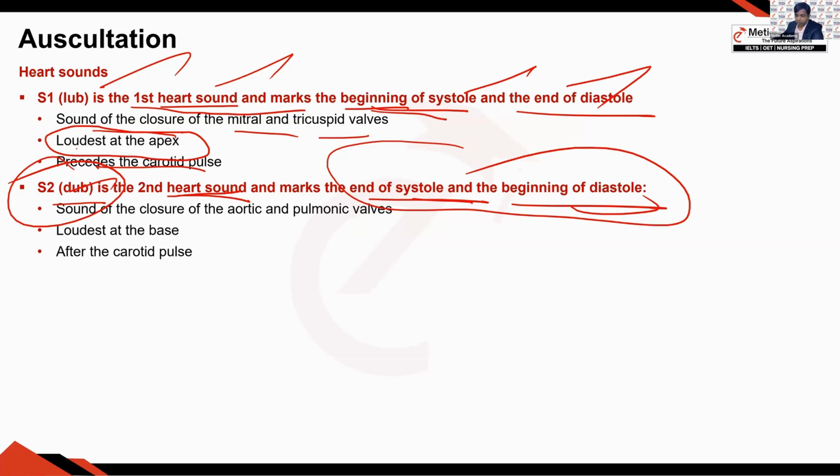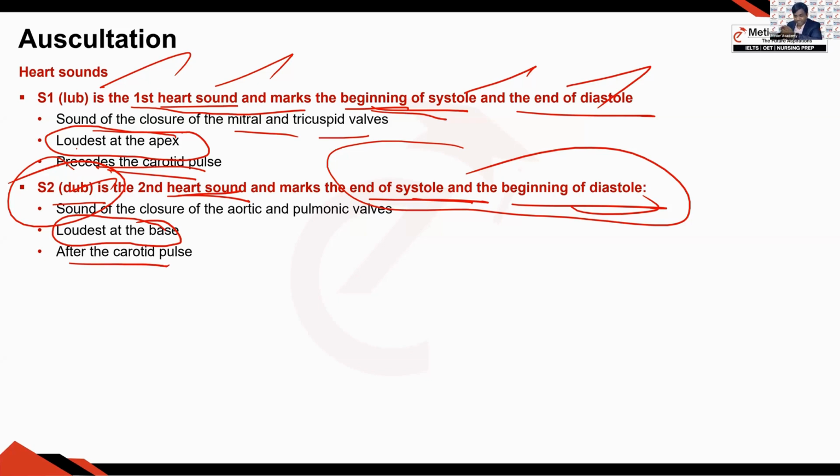So S1 is loudest at the apex, and S2 is loudest at the base. Regarding the carotid pulse: what does precedes mean? Precedes means before. Even aptitude reasoning will have this: if one number precedes 7, it is 6; if a number precedes 8, it is 7.